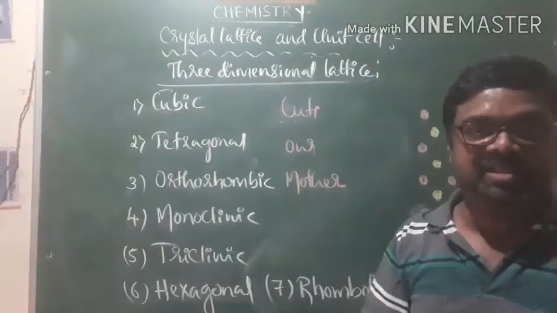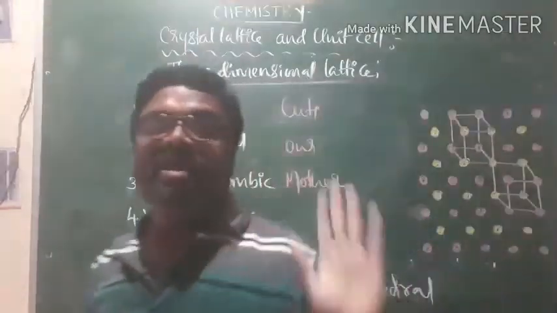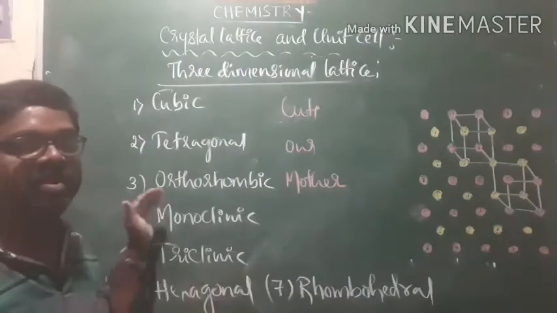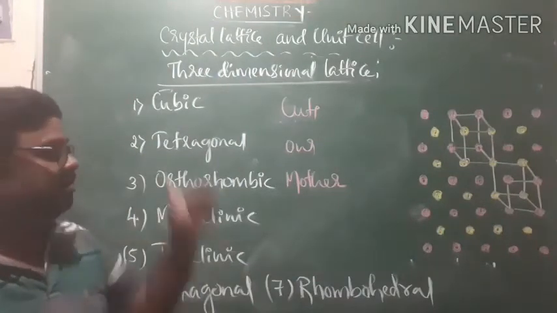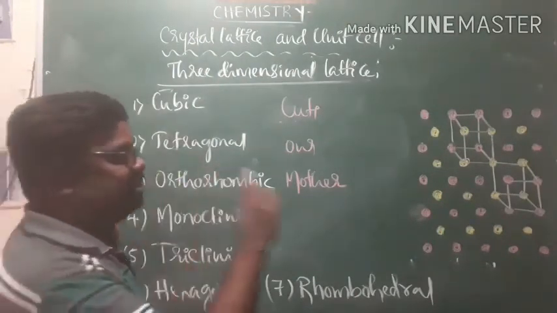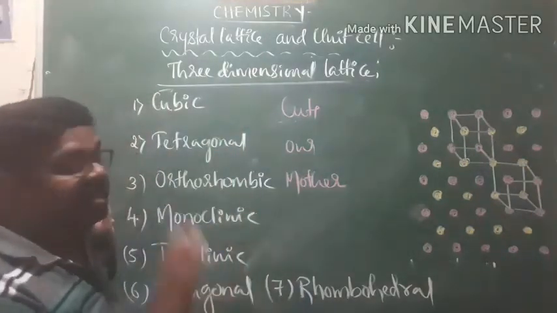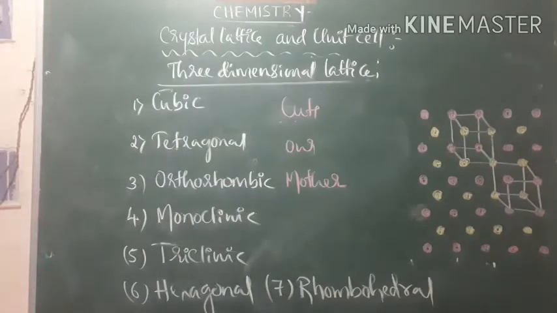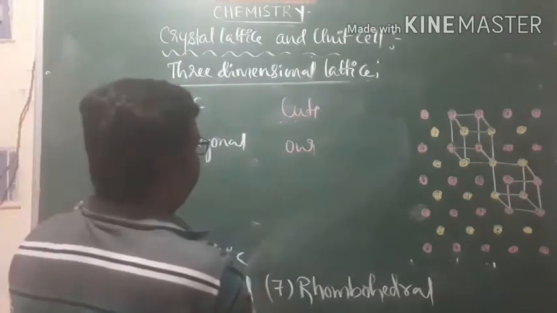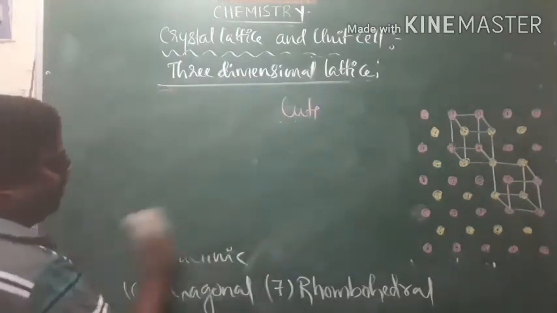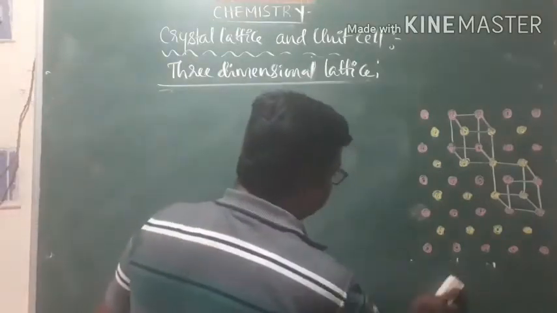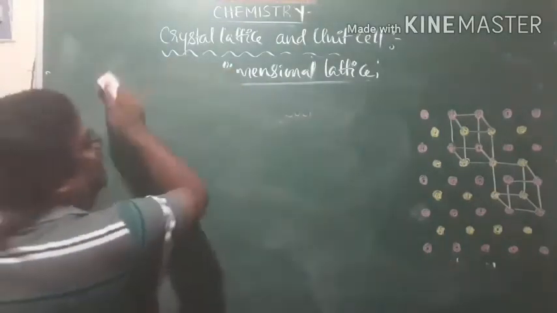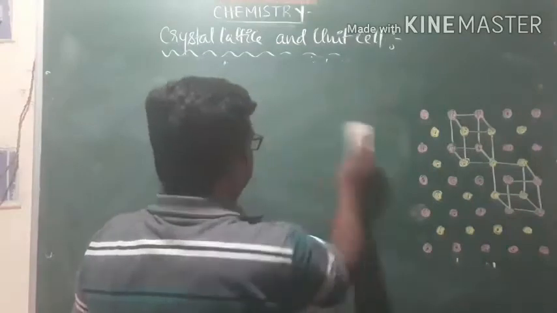We'll study the distribution of those particles in the unit cell first, then we'll come to the crystal systems. Now let us see the 4 possible distributions of particles in a given unit cell.